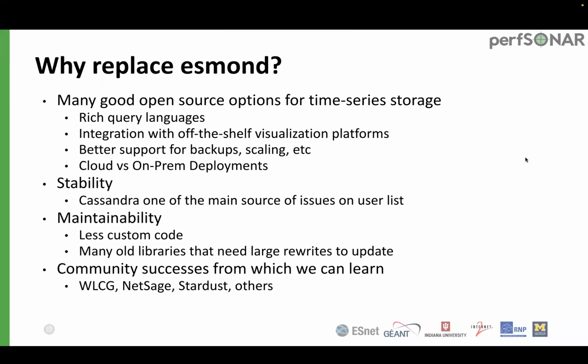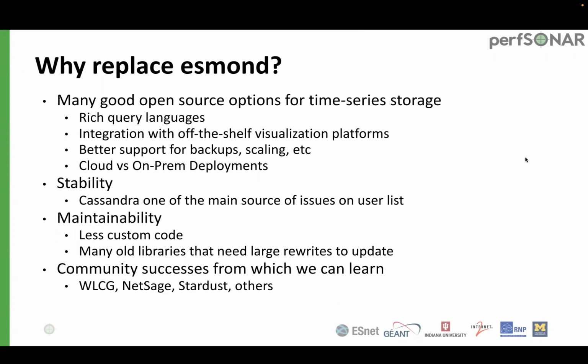And there's just a lot more support out in the world for using those rather than some custom thing that we as the perfSONAR team have developed, right? And then as ESnet has aged, there are lots of old creaky spots that we either need to do complete rewrites of or do a migration like this. And just the cost benefit was it makes more sense to move to something newer.